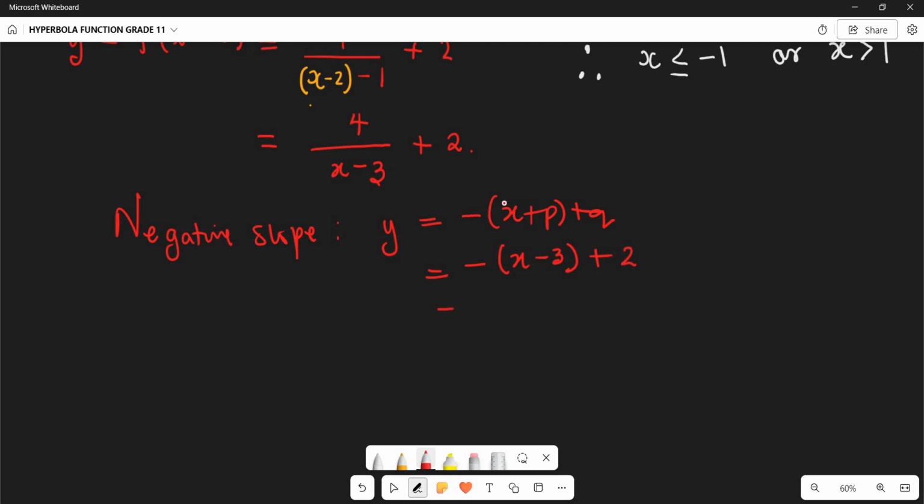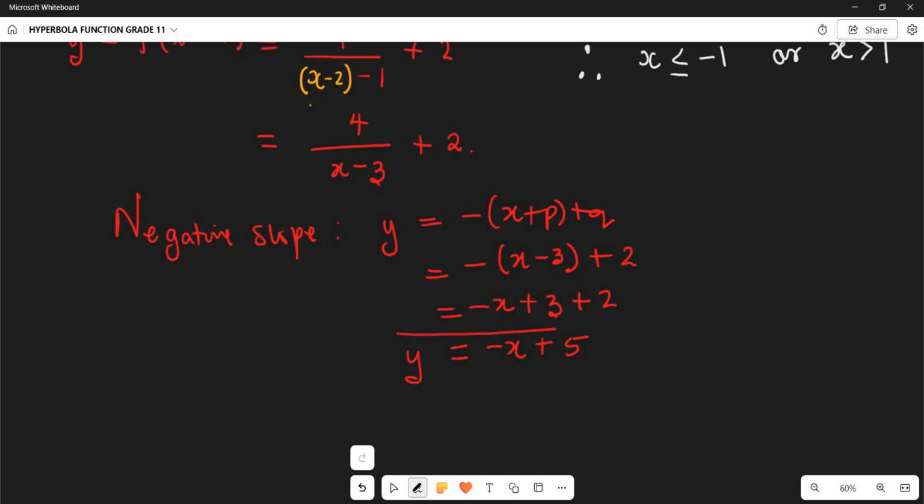Then let's multiply out with the negative 1. So that will be negative x plus 3 plus 2. Then this would be negative x plus 5. Then there is your equation.